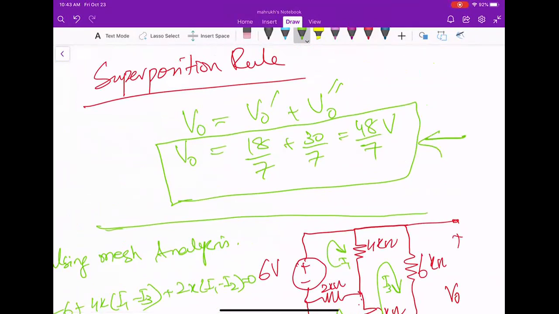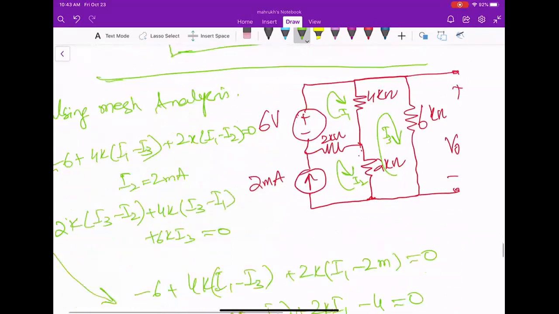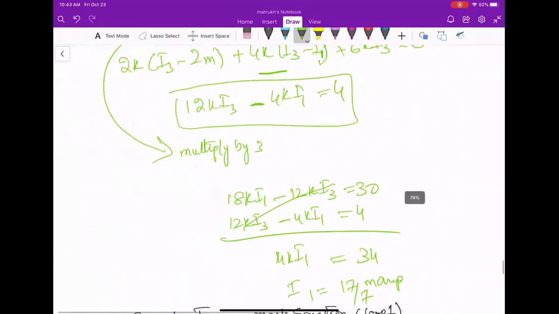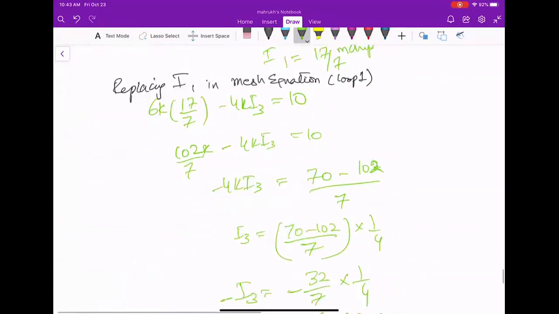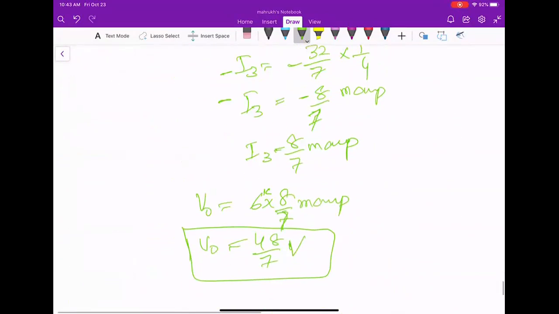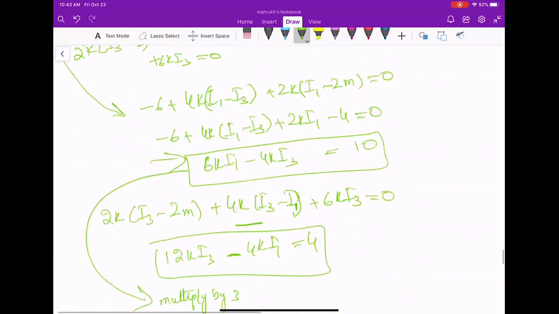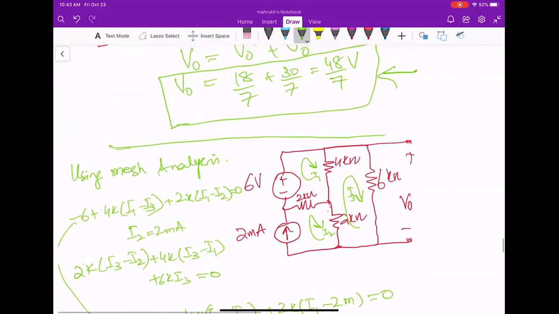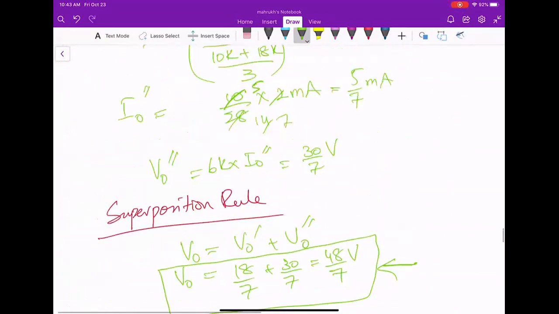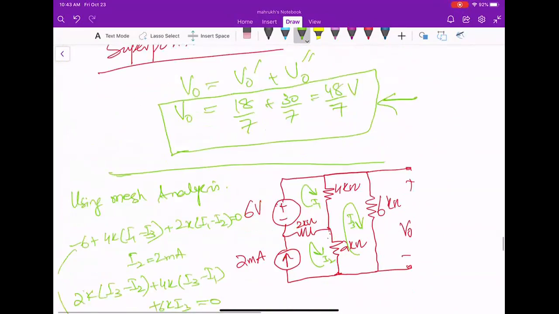So what we did was show that the V naught we found using the superposition rule is the same as the V naught we can find from any other method, right? So that's why our superposition rule can be applied on the current source or the voltage source. If we apply the rule right, we should be fine.